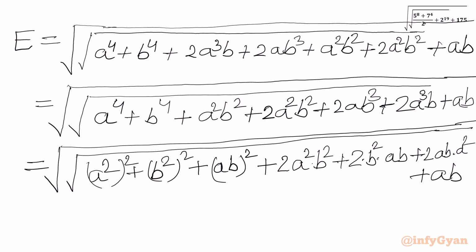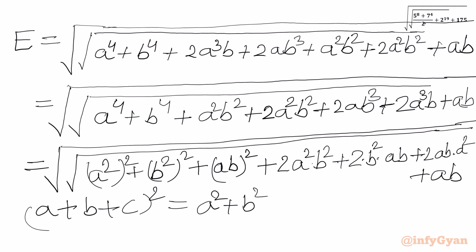Now you can see this is one algebraic identity. If I write here the (a plus b plus c) whole square identity, then this is equal to a square plus b square plus c square plus 2ab plus 2bc plus 2ca. So here a square is A, b square is B as per formula, c square is AB.